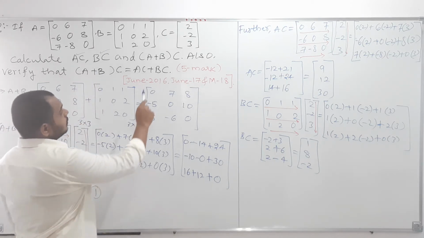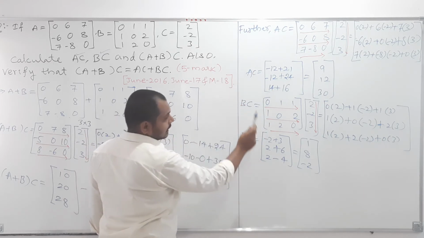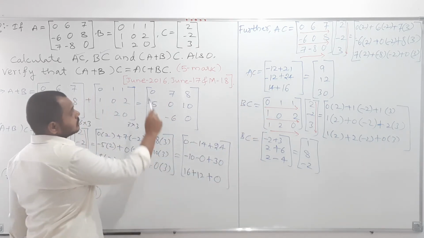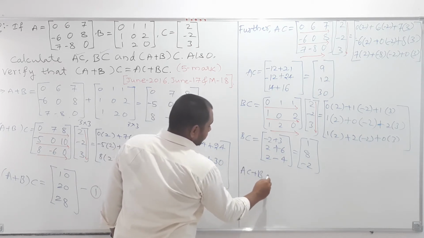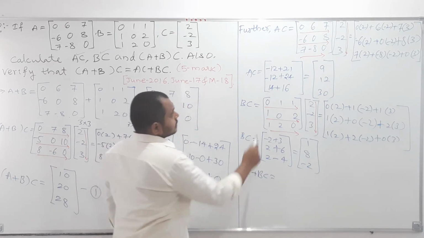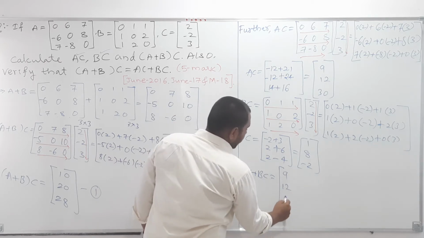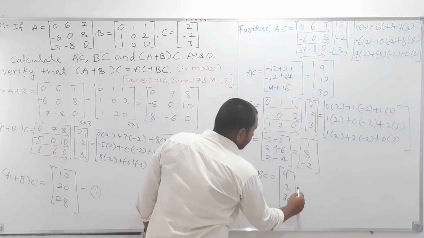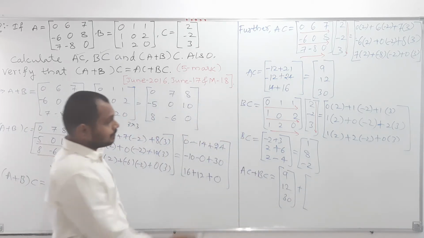To verify this, we should require the AC plus BC value. Already I know the AC value and also I know the BC value. So now I'll add these two. AC plus BC is equal to. So what is AC, my dear students? AC is 9, 12, 30 plus, here it is, what is BC?